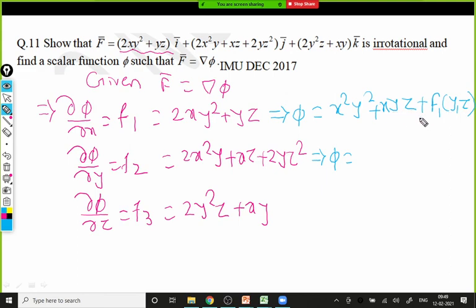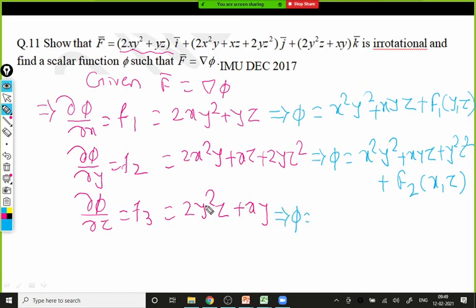Second, we integrate with respect to y: x square y square plus xyz, plus a function of x and z as a constant. Lastly, when we integrate with respect to z, we get y square z square plus xyz plus a function of x and y.